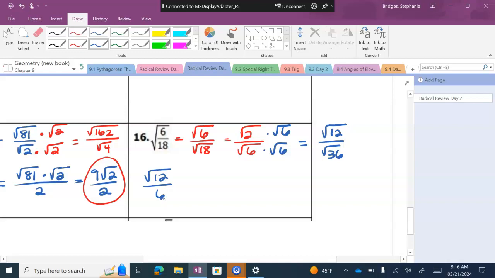What perfect square goes into 12? Okay, so we're going to split that up into the square root of 4 times the square root of 3. That 6 is going to stay. What is the square root of 4? 2. That square root of 3 stays, and that 6 stays.